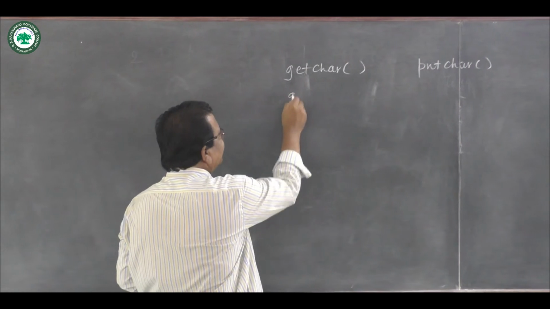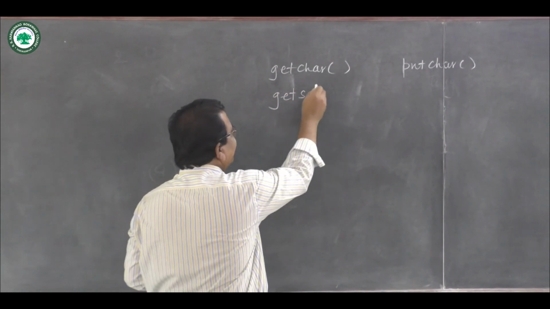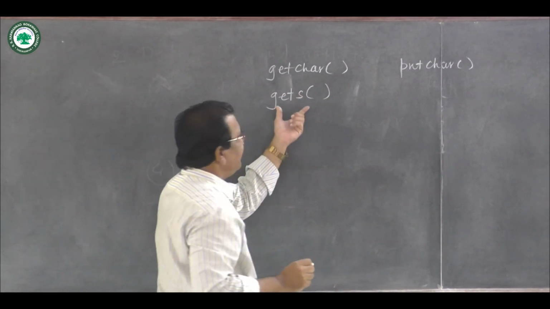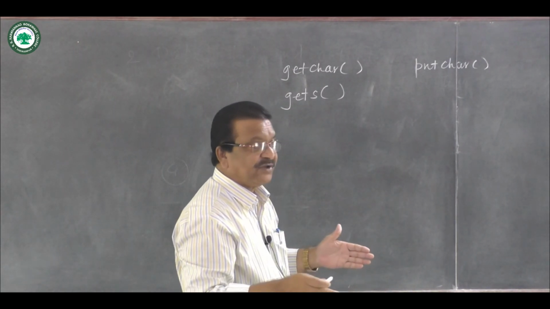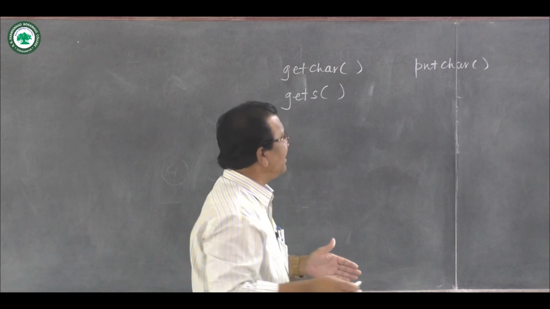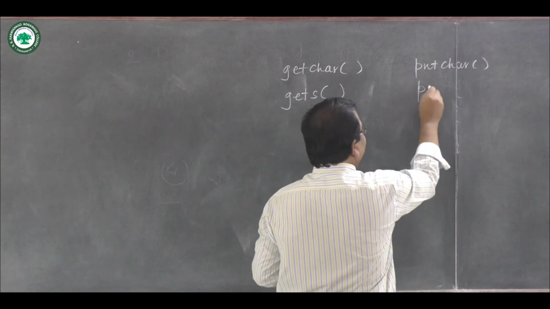Then to enter string data we have the gets function, and complementary to gets, to display or output a string of characters or string data, we have the puts function.